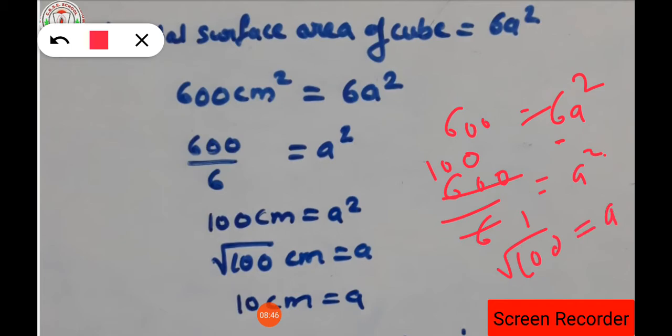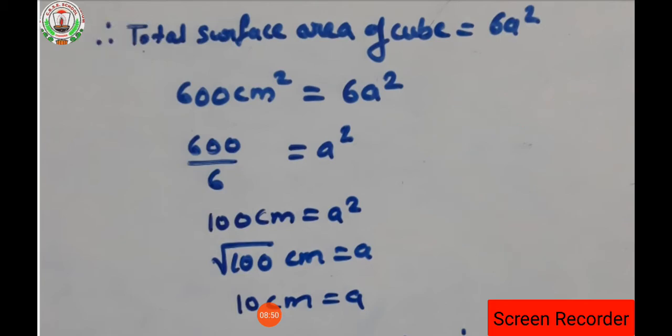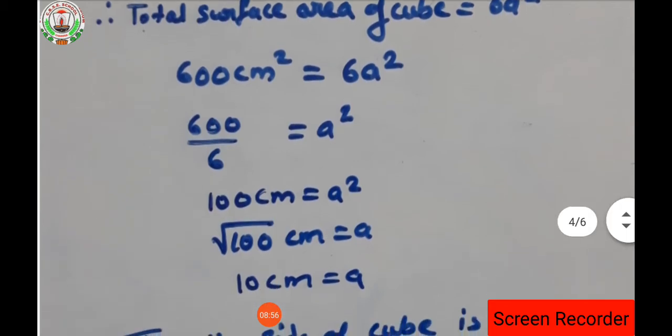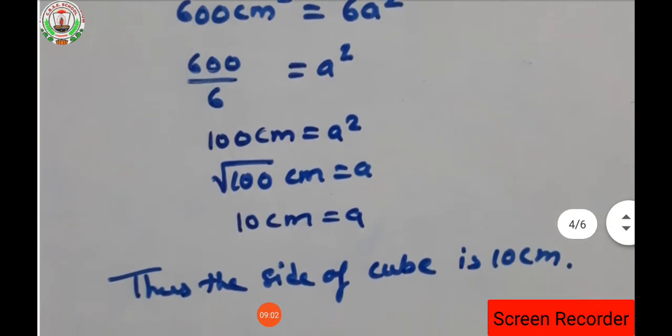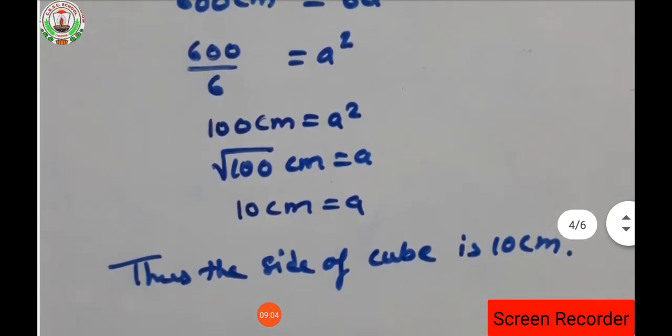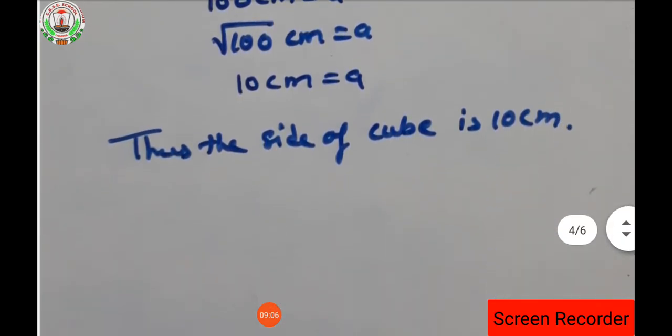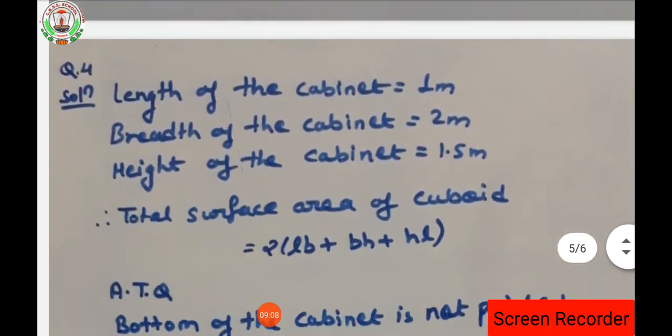Now we have already studied how to find the square root in the chapter square and square root, isn't it? Any one method you can use to find the square root of 100. So that value will be how much? 10 centimeter is equal to a. Thus the side of the cube is 10 centimeter. Clear? Next, question number 4.